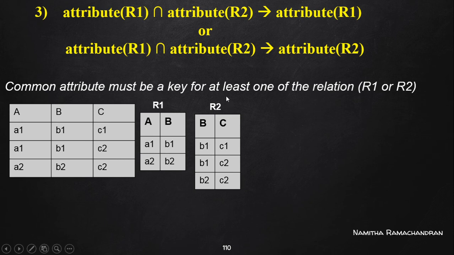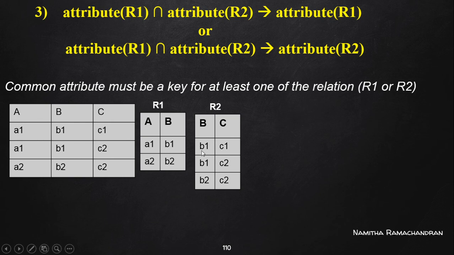We can consider this R2 also. Here B1 is relating with C1 and C2 and B2 is relating with C2 only. So using this value B1, we can't distinguish between these two rows, because B1 is relating with C1 and B1 is relating with C2.